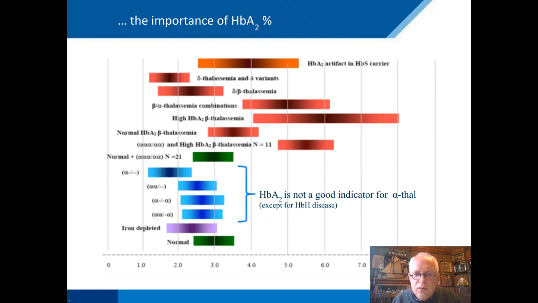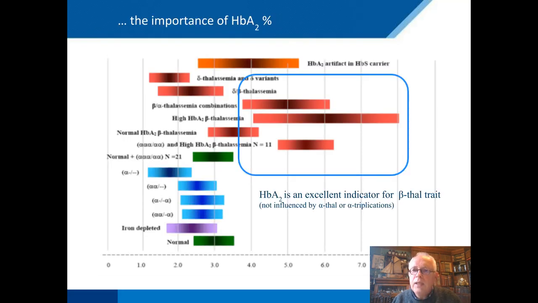However, the alpha is not really affected. The A2 is not really affected that much. There's still a large overlap with the normal controls when you lack the expression of 1 or 2 alpha genes. If you lack the expression of 3 alpha genes, then it is reduced, but then you also see hemoglobin H. So I don't see really much added value to the hemoglobin A2 in diagnosing alpha thalassemia.